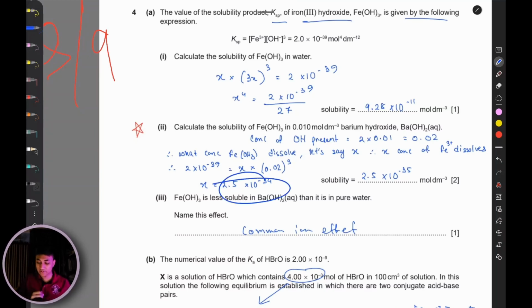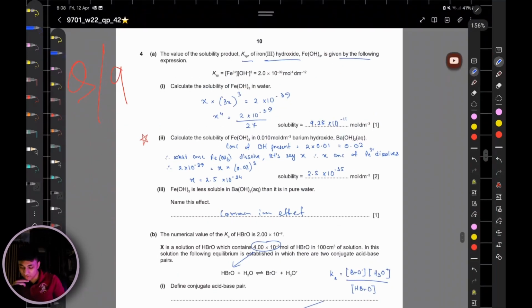So this is the concentration at which iron will dissolve, and this is also the concentration at which your iron hydroxide will dissolve. Fair enough.